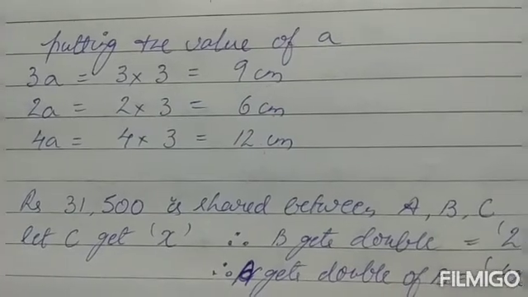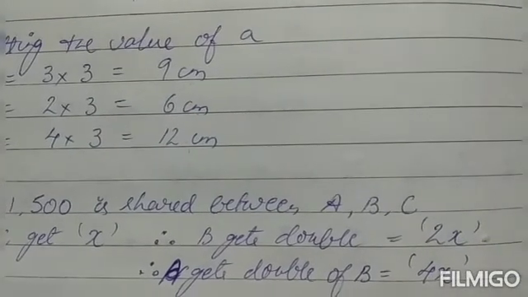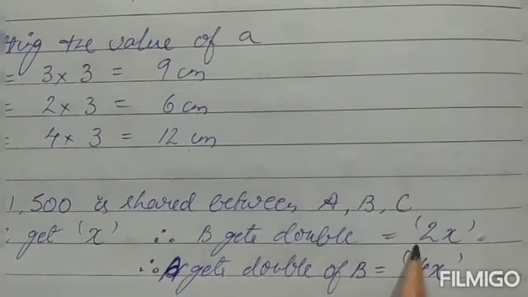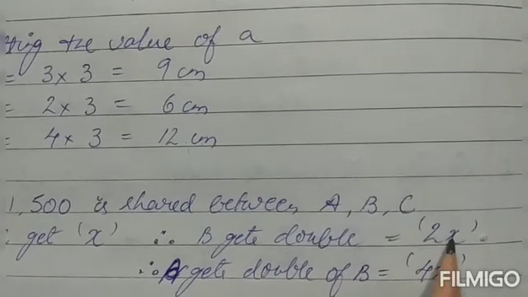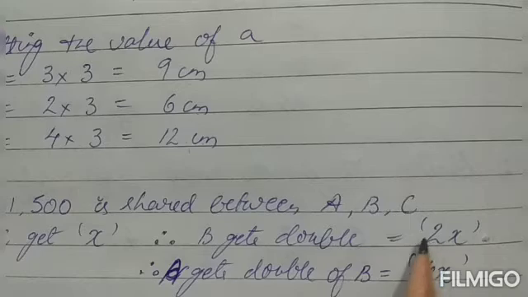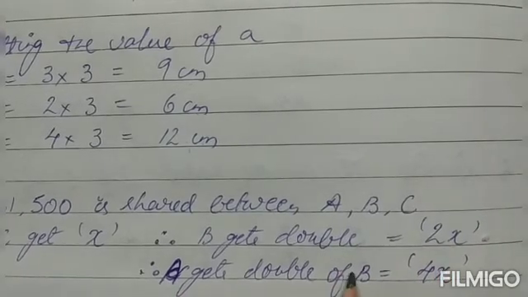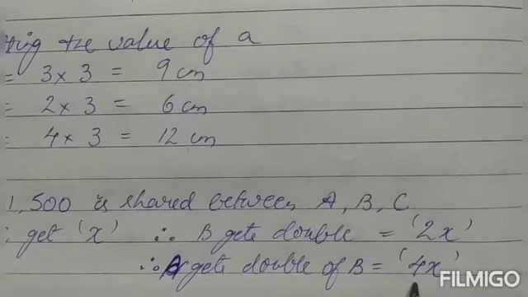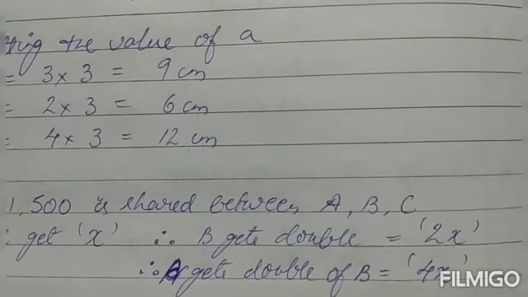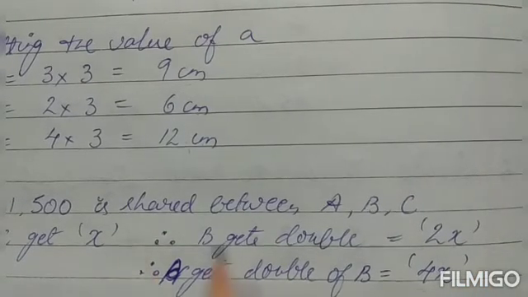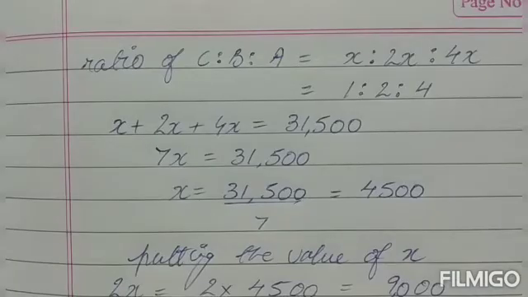Therefore, B gets double of C, so x plus x will make it 2x. And A is getting double of B, so 2x plus 2x will make it 4x. Right? So this way we have found how much C, B and A are actually getting.